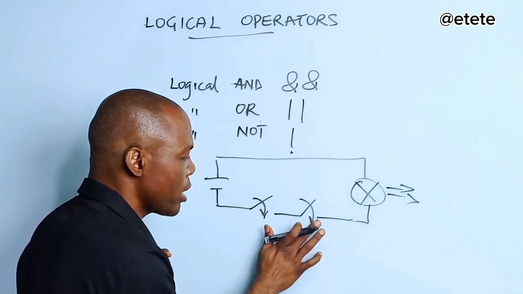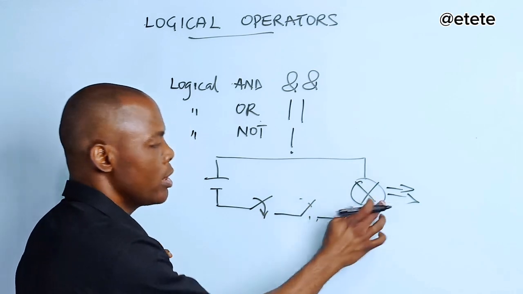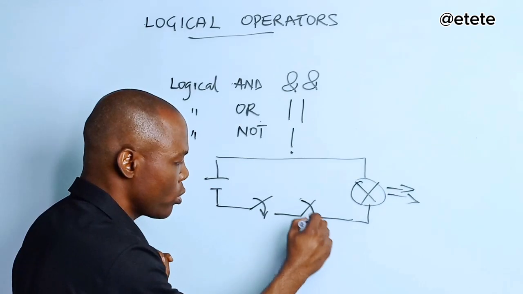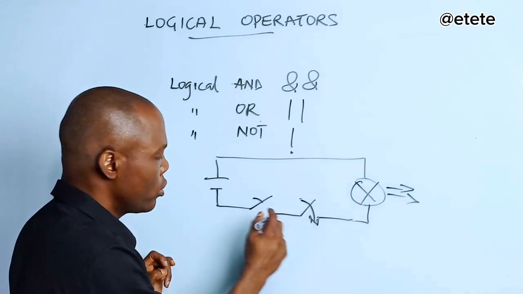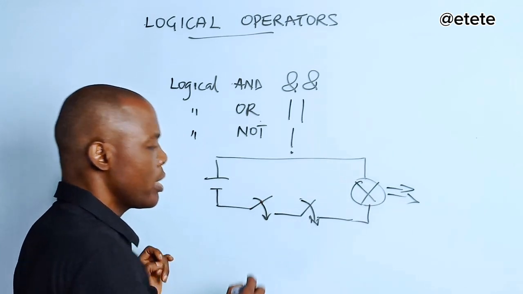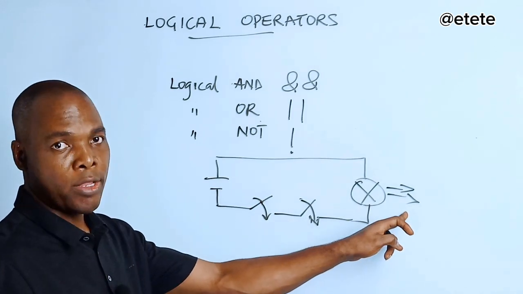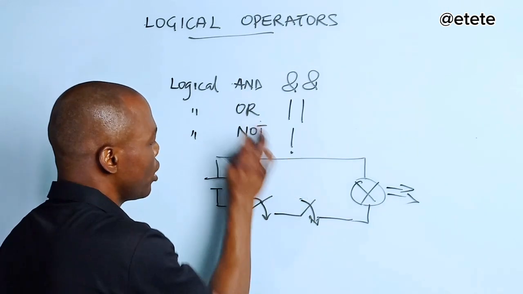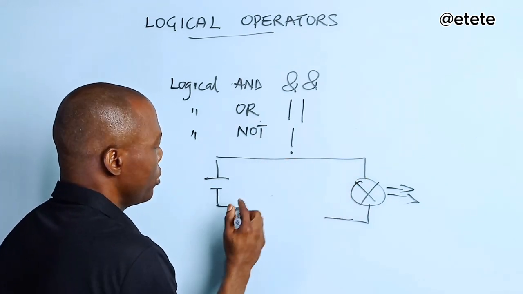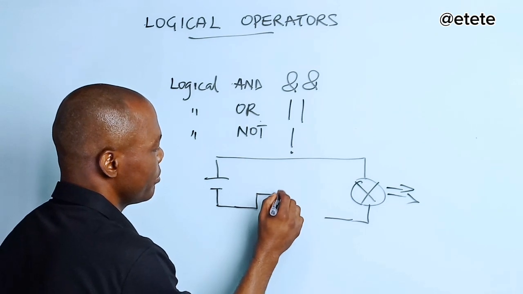If this one is closed and this one is open, this will be off. So it has to be the two that are on before this can come on. This is for logical AND. Now, for the logical OR, you have something like this.